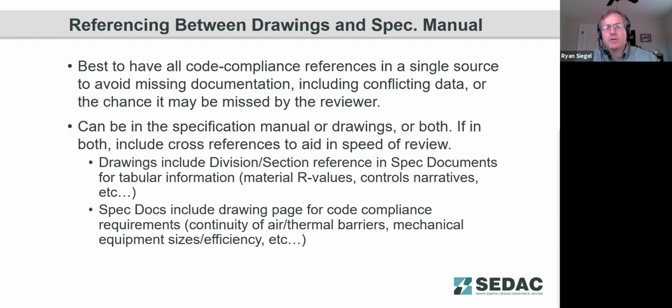So this table could be in either the spec manuals or the drawings, or you could put it in both. And again, making sure that you provide those cross references as you go through. And again, makes for a very good cross check towards the end of design, just making sure that we didn't change something in one place and not another.